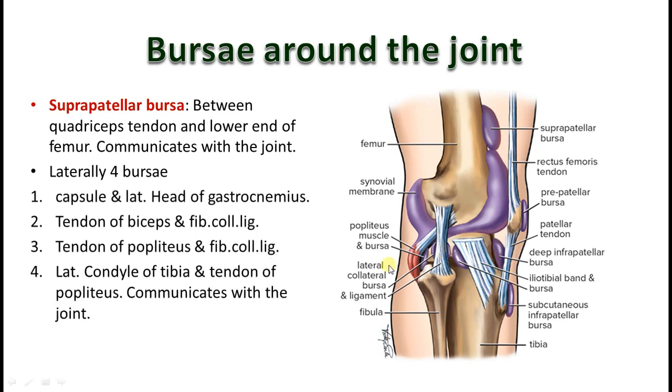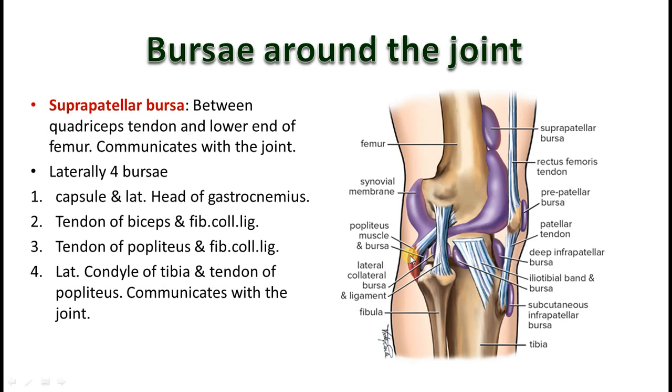One is between the capsule of the joint and the lateral head of gastrocnemius, the other between the fibular collateral ligament, above which the tendon of biceps comes superficial to the ligament. Then between the popliteus and the fibular collateral ligament, and between the lateral condyle of tibia and the popliteus, one more bursa. So mostly we come across four bursae laterally.